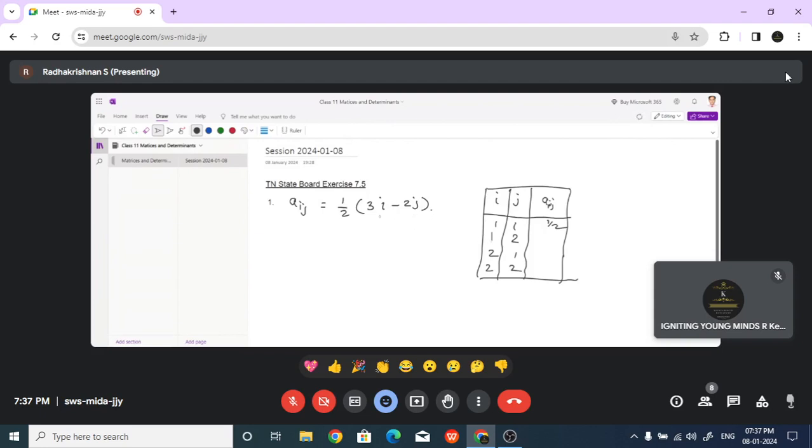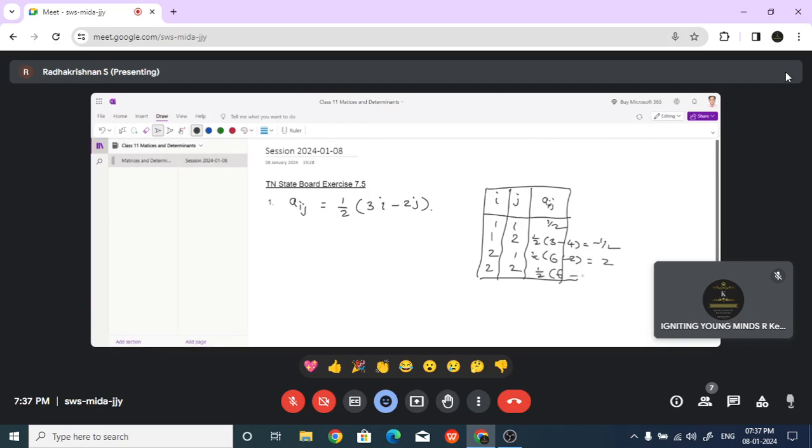Putting i equal to 1 and j equal to 1, it is half into 3 minus 2, which is half. For the next element, half into 3 minus 4, that means minus 1 into half is minus half. Then half into 3 into 2 minus 2j, equal to 6 minus 2, which is 4, and 4 into half is 2.